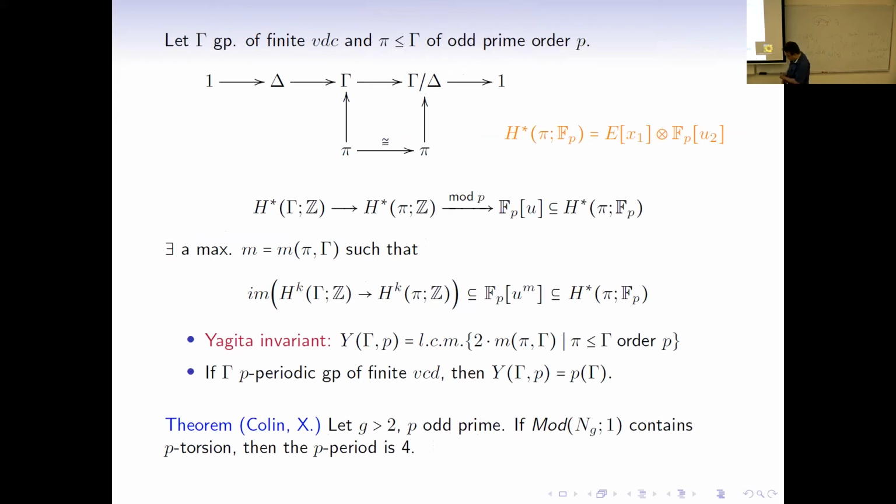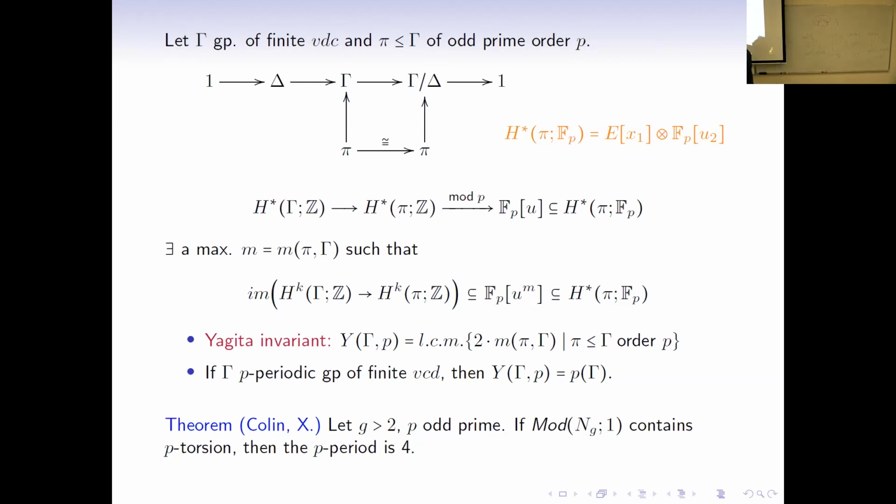Gamma eventually is going to be one of these mapping class groups. But let's suppose for the moment that gamma is a group of finite virtual cohomological dimension that contains a subgroup of order p. Let's say that p is not prime for the moment.